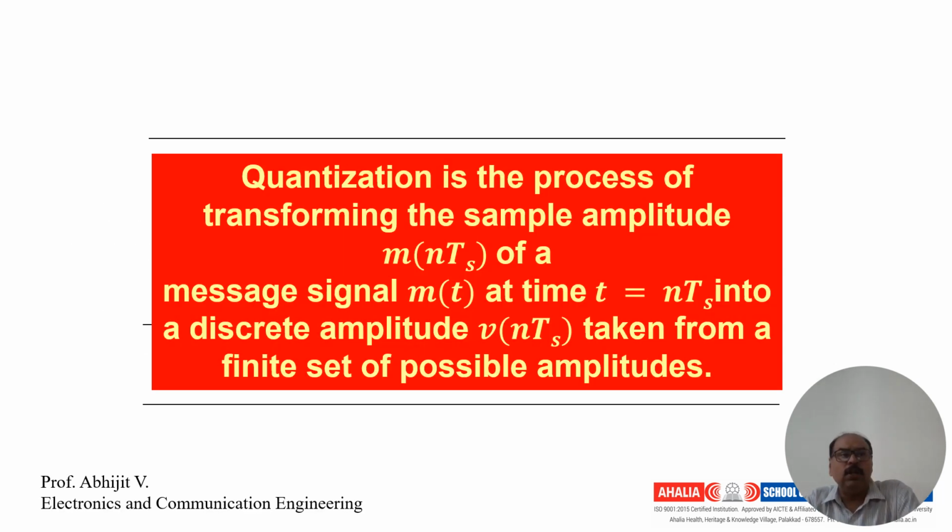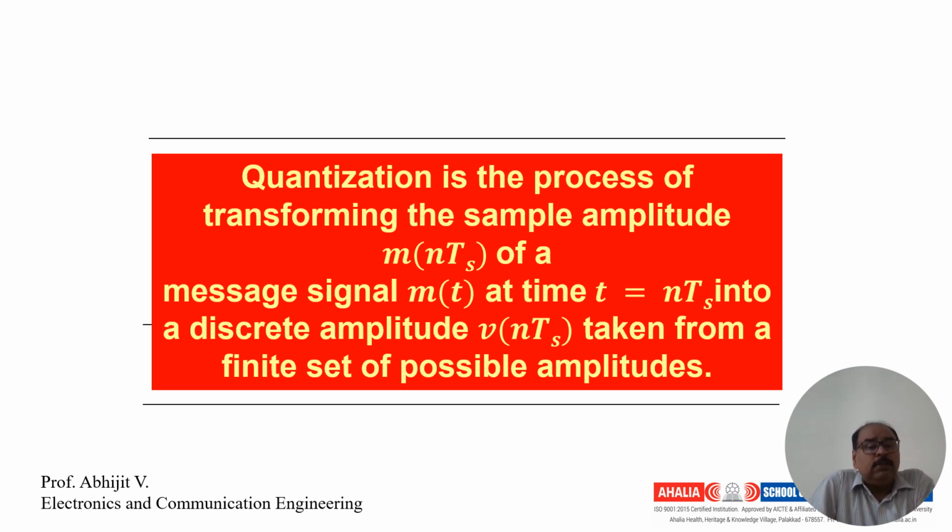So what is quantization? Quantization is the process of transforming the sample amplitude m(nTs) of a message signal m(t). Quantizer input is from the sampled signal. Okay, already you have sampled the signal.